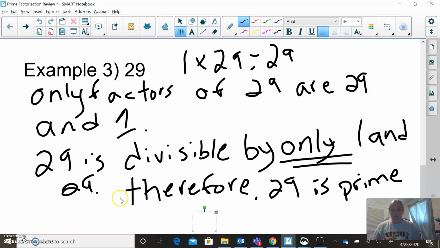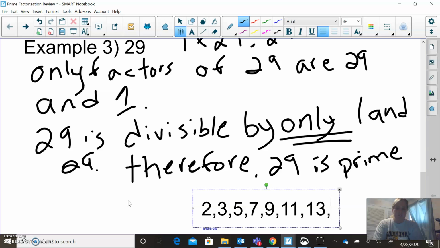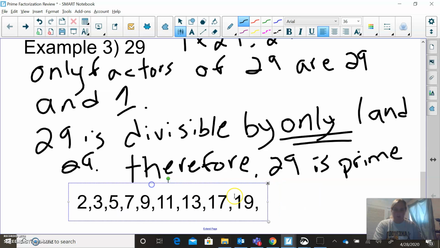So for a list of prime numbers, we can say 2, 3, 5, 7, 11, 13, not 15, not 16, 17, not 18, 19, not 20, not 21, not 22, 23, not 24, because 6 times 4 equals 24, not 25, because 5 times 5 equals 25, not 26, and not 27.